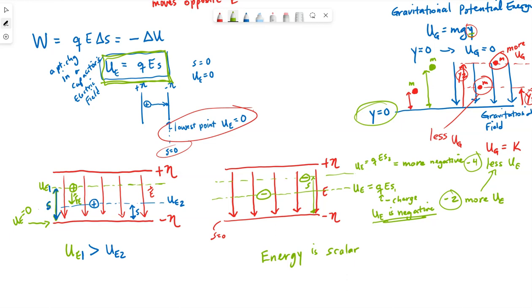But a negative charge will naturally want to move to a location where the potential energy is smaller than what it was before. So if the charge is allowed to move on its own, then it will move to a location where the potential energy decreases.